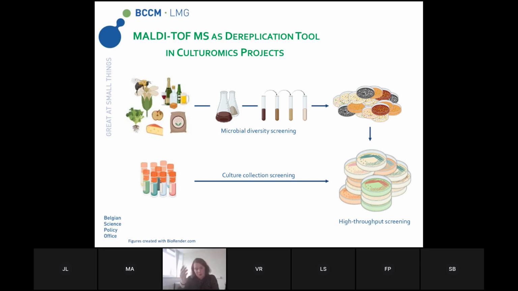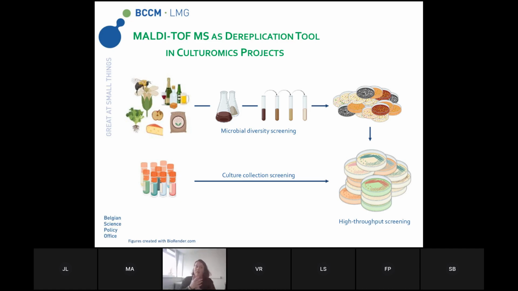So we have the samples, but you also have the culture collections itself. A lot of industry is harboring their own culture collections, or research labs, for instance, that they gathered during the past years. And they really want to find out who is now in there and how do these isolates group together.